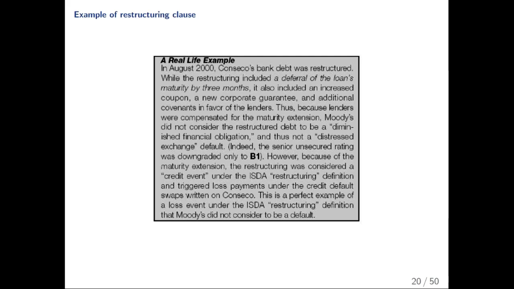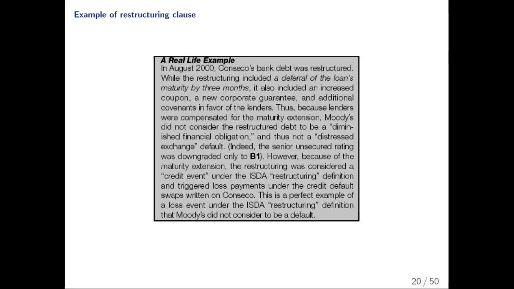In this example, Conesco extended the maturity of their debt, and they raised the coupon rate for all outstanding investors at the time. This would be a typical restructuring. They changed the capital structure of the firm. They reissued debt at longer maturity and a higher coupon rate.